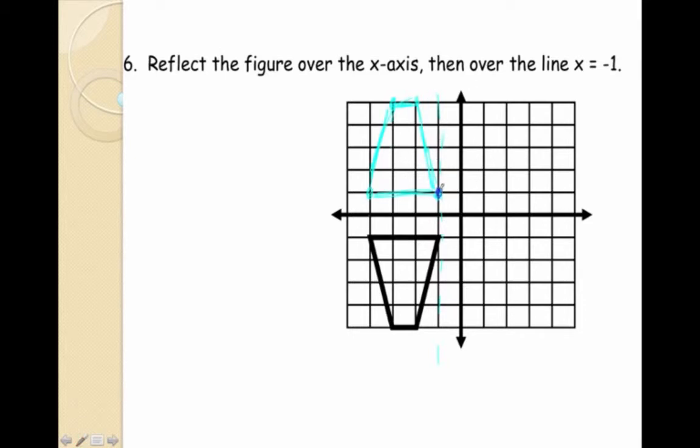Well, that one's on the line, so it stays where it is. That one moves 1, 2, 3. And it does look like a rotation. The one before looked like a rotation around the origin. This one looks more like a rotation around this point here.